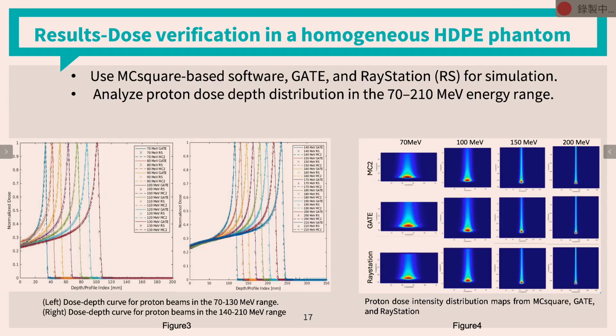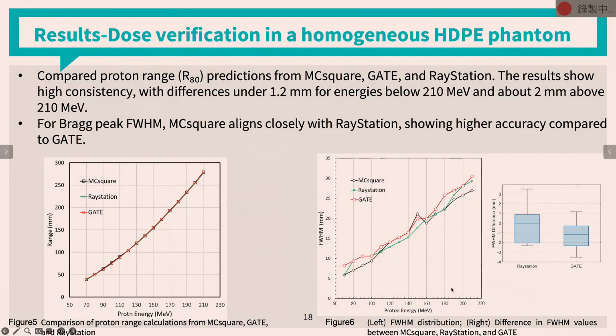And in the right figure, I also present the dose intensity distribution for proton beams at 70, 100, 150, and 200 MeV to examine the dose distribution capability at different energy levels. Next, figure 5 compares the proton range prediction from MC², GATE and RayStation at different energies.